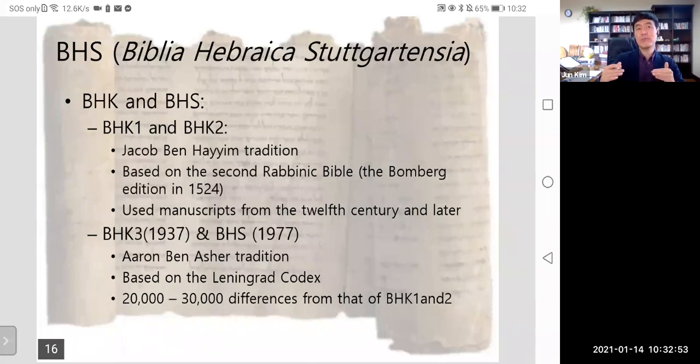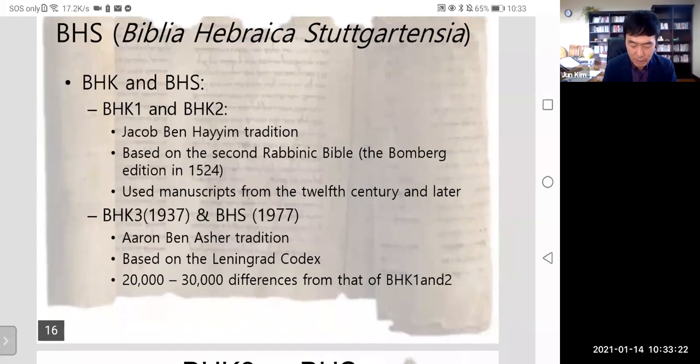When they could find other important manuscripts, they started making the Hebrew Bible based on more reliable resources. That's why they tended to change the tradition. So that is the difference between the Ben Hayyim tradition and the Ben Asher tradition. That's the point.